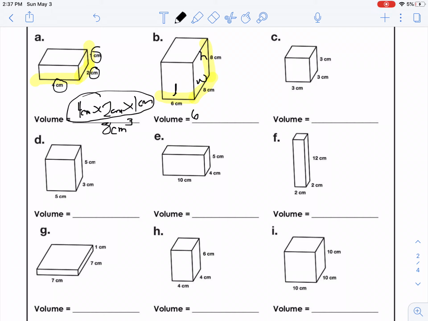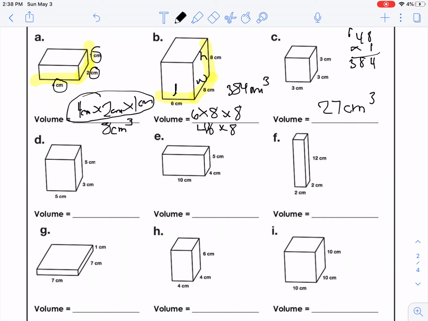So we have 6 times 8, which is 48 times 8, which is, if you don't know, 48 times 8. 8 times 8 is 64. 4, carry the 6. 32, 38, 384 centimeters cubed. 3 times 3 is 9 times 3 is 27 centimeters cubed.